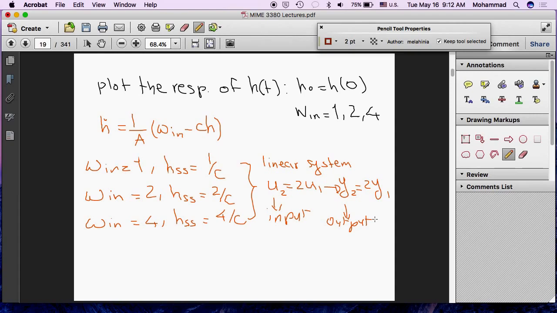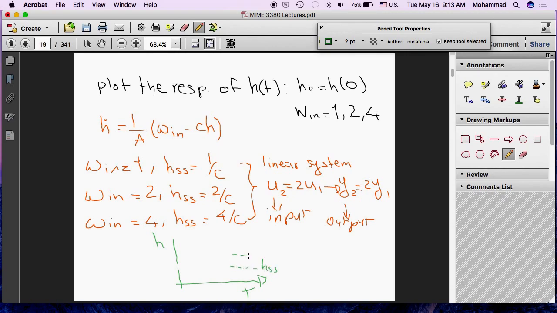So it means if you plot the response, h versus time, for case number 1, this is h steady state.